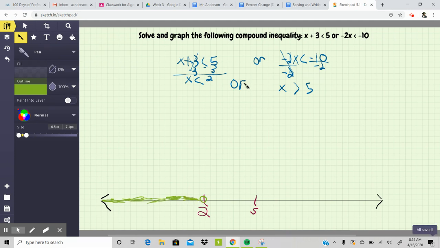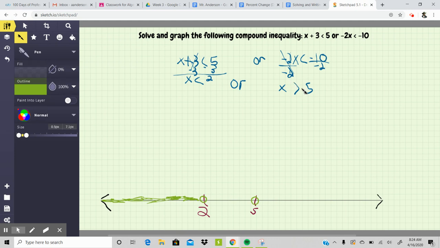Okay, and then it says or x is greater than 5. So again, not or equal to, so I'm going to put another open circle. Okay, you can run into problems where one of these is a or equal to and one of them isn't, so then one of them would have a closed circle and one of them would have an open circle, but this isn't one of those cases.